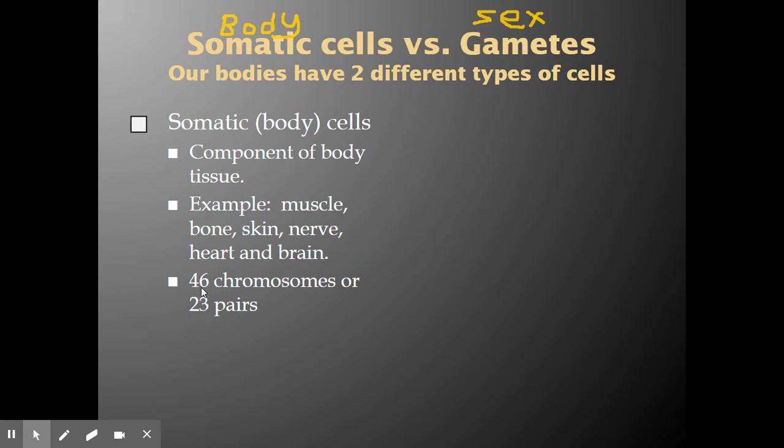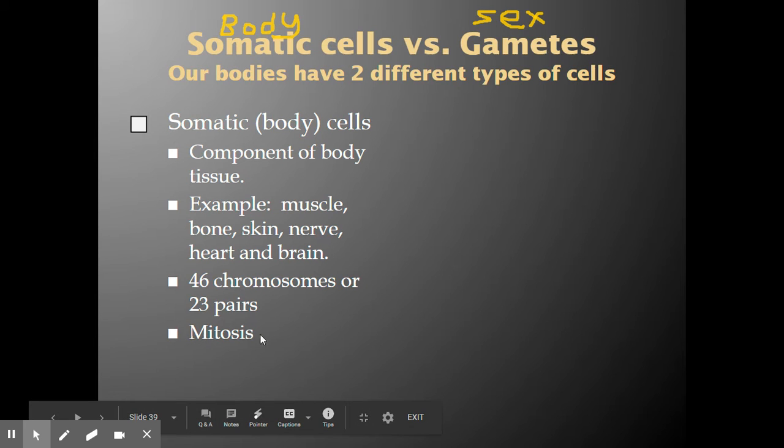We have 46 chromosomes or 23 pairs of these types of DNA for these, and that's what they have when they're finished replicating. They have 46 chromosomes, and they're organized into 23 pairs. They are made via mitosis.